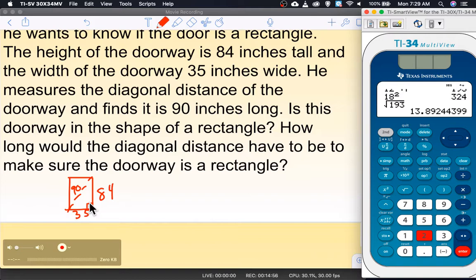If the answer is yes, it's a right angle, then all of these would be right angles. If the answer is no, this is not a right angle, well, then we have a problem. And the second part would be, how long would the diagonal distance have to be to make it a rectangle? Same thing, if this is a rectangle, we don't change a darn thing. But if this is not a rectangle, then we can figure out how far we'd change this.